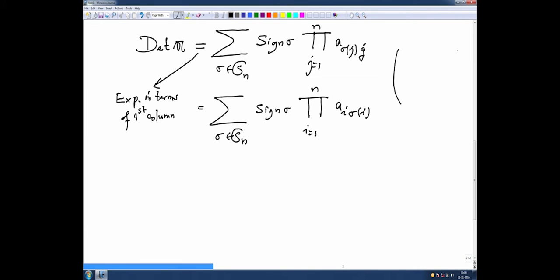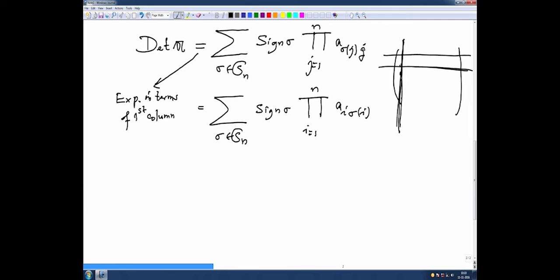You write the columns, this is the first column, and you take the first entry, remove this row, remove this column and take the minor. Then go to the next entry with the alternating sign, remove this row, remove this column, and whatever n minus 1 minor comes, take that determinant. One can define it inductively also like this, and these are the terms of those. The sign comes because it is alternating.